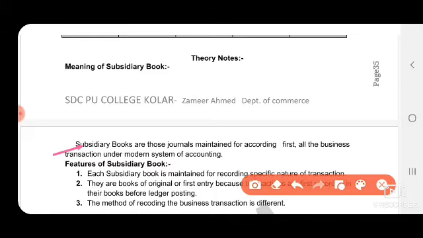In the journal, all the transactions are recorded. But here the transactions are divided into 4 books, that is purchase book, purchase return book, sales book and sales return book.